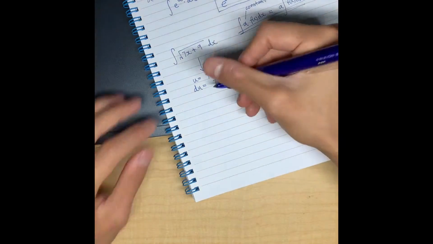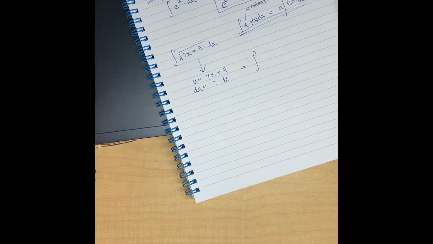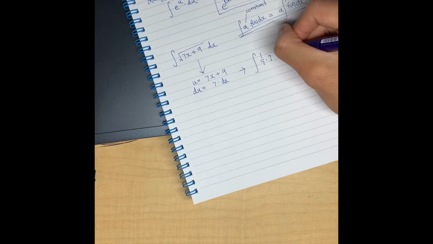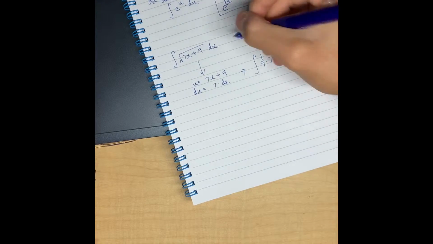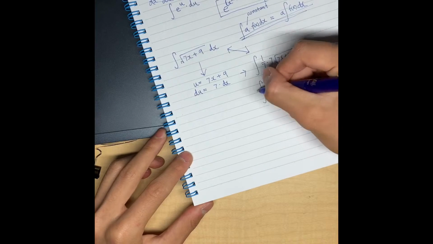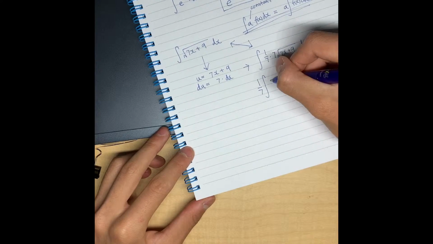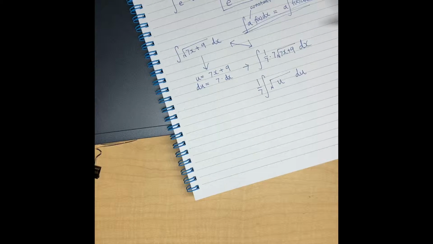Now we plug in u and du back into the original equation, and then you should probably find out that because there's a 7 times dx, our new integral is 7 times larger than our original one. So what I'm doing here is I just multiply 1 over 7 outside the integral to make it even.